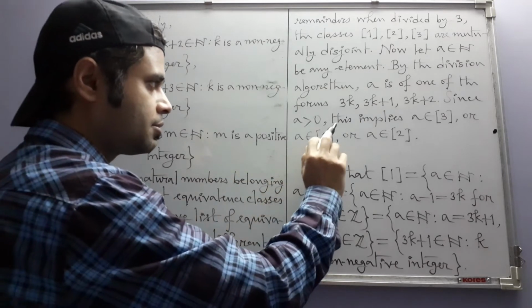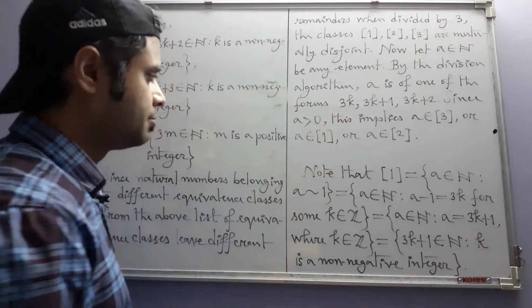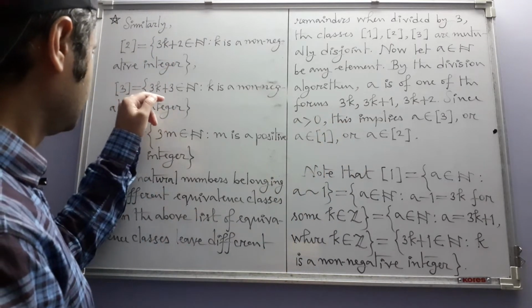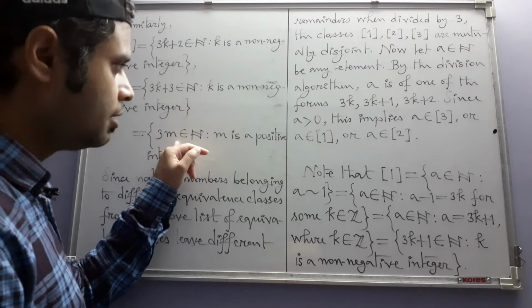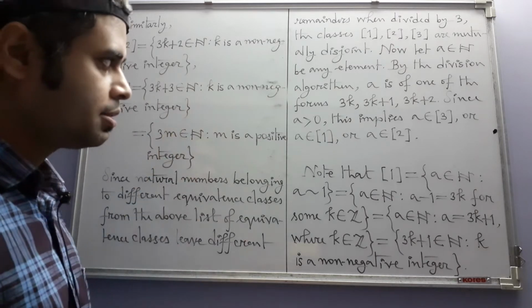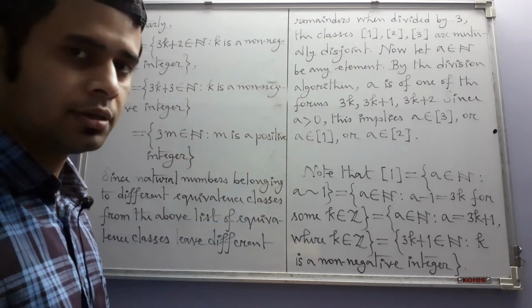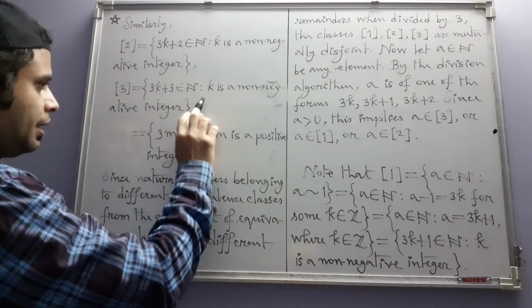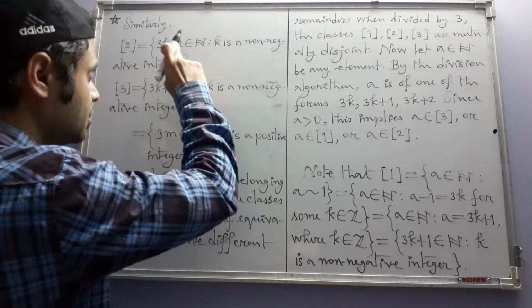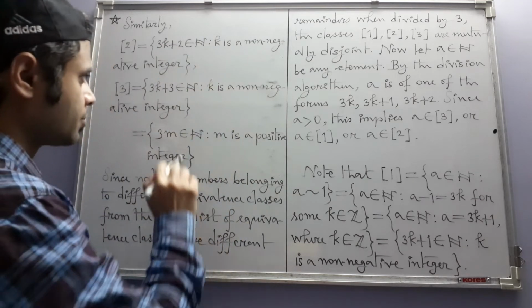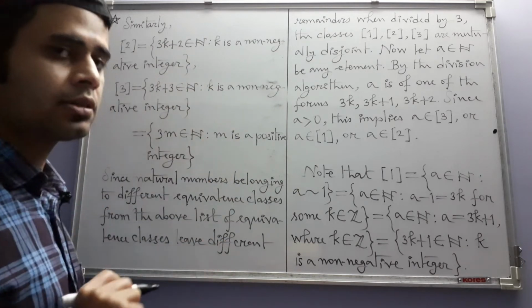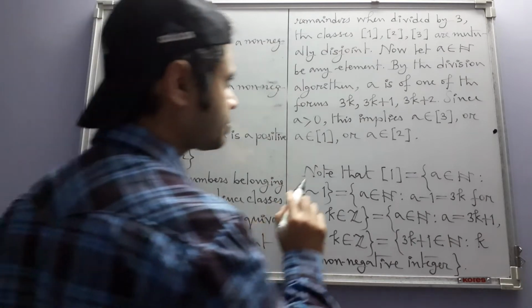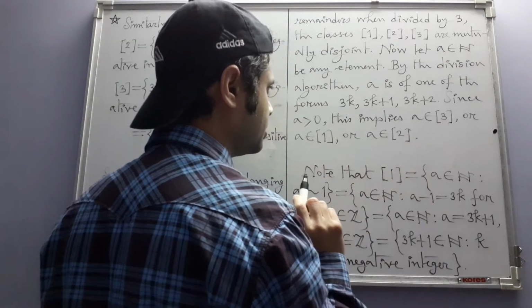But if a is of the form 3k, then it is here. And in all these things, positivity of a just simply tells us that a, besides having this particular form, is also a natural number. Okay, so that's why we have these things.